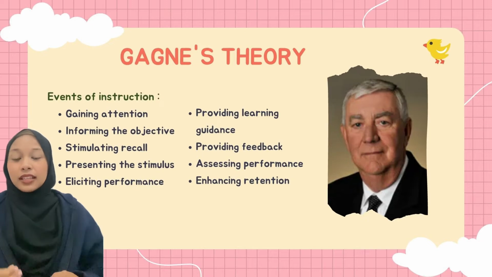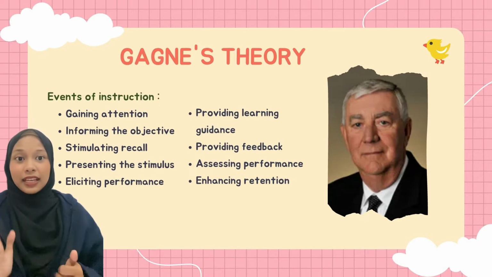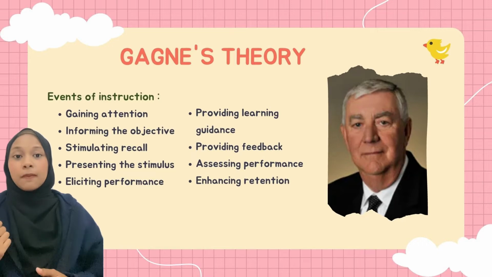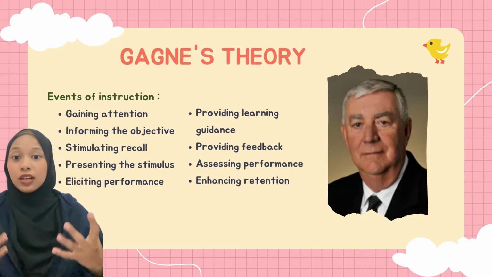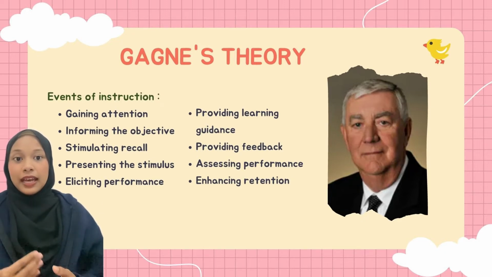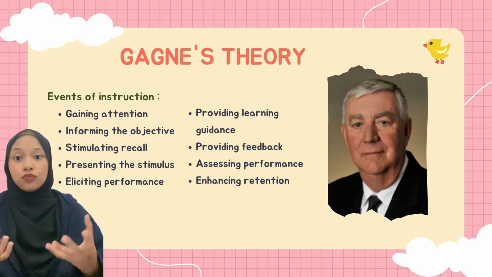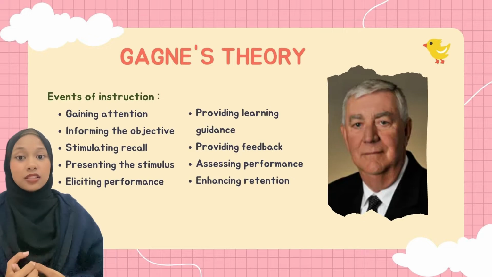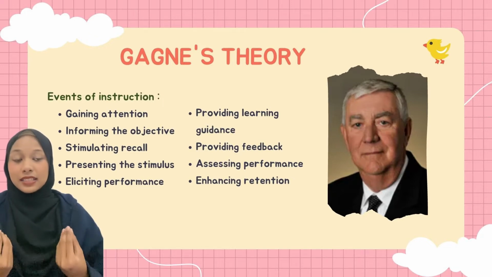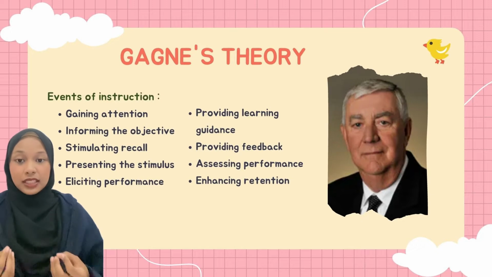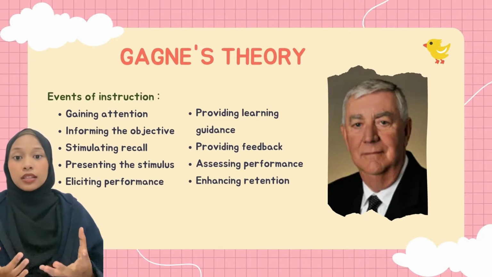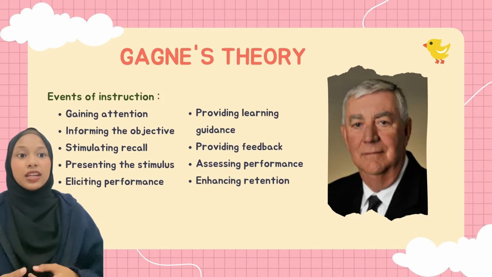In Gardner's theory, the 9 events of instruction are: the first one is gaining attention, informing the objective of our learning, stimulating recall, and presenting the stimulus, eliciting performance in the class, and providing learning guidance for students, especially we as teachers will provide students with teaching aids to make them understand more in the class, and providing feedback to students, and also assessing performance, and the last one is enhancing retention.